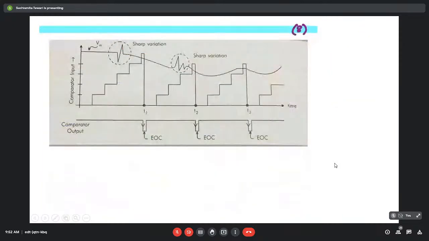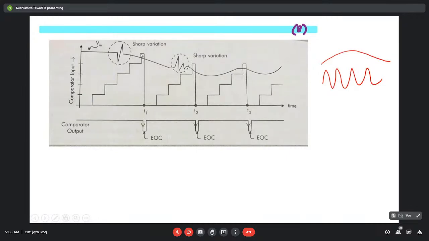Now another disadvantage would be something like this. If the analog signal is varying very rapidly, instead of having a slow pace, suppose it is varying like this. Here, a sharp variation is happening at this point. Here you see the counter starts counting from 000, and it needs a certain number of clock pulses to first detect that analog signal.